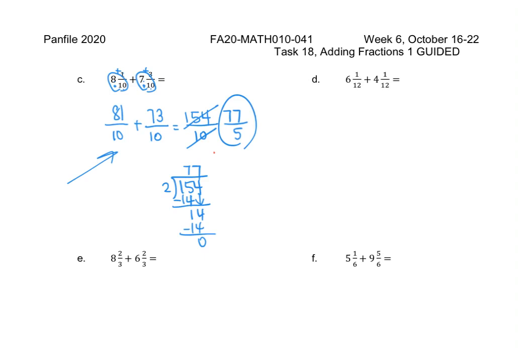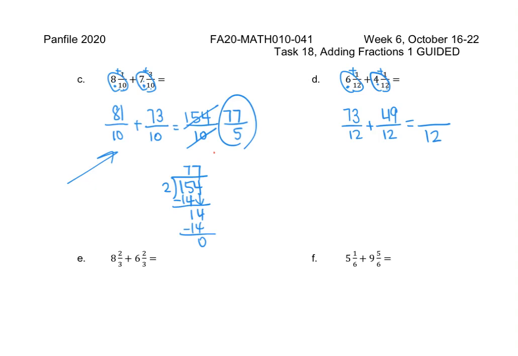All right, here, letter D. I know I have a 12 as the denominator. I get 12 times 6 plus 1, 72 plus 1, 73. 12 times 4 is 48 plus 1 is 49. 12 is my denominator.